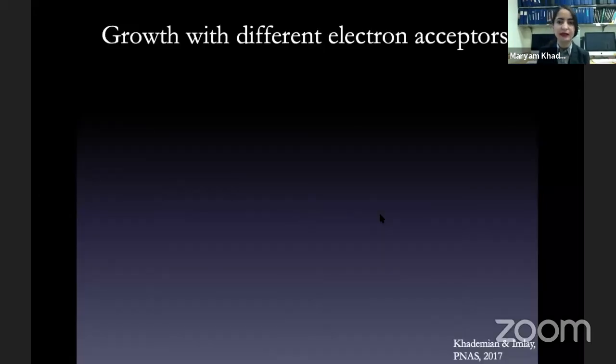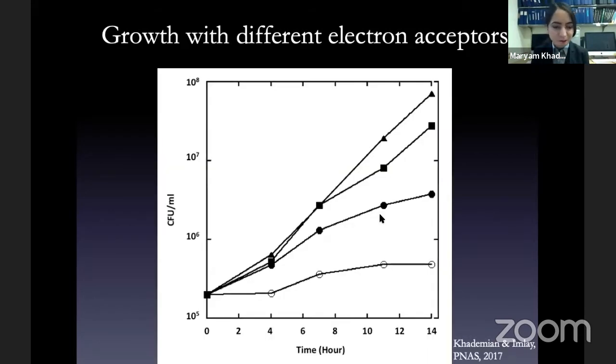So to test that, I added hydrogen peroxide to my media. This experiment is done in the absence of oxygen, so there is no electron acceptor. If I do not add any electron acceptor to my media, the cells do not really grow.